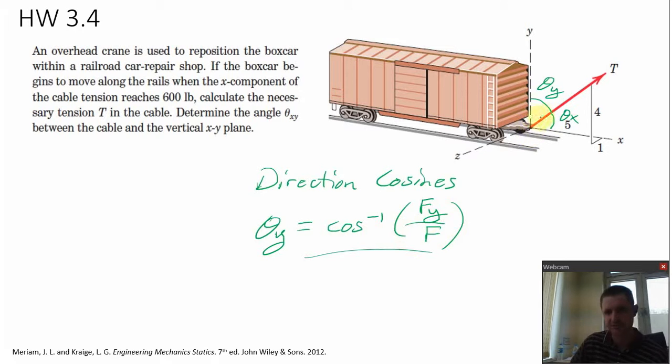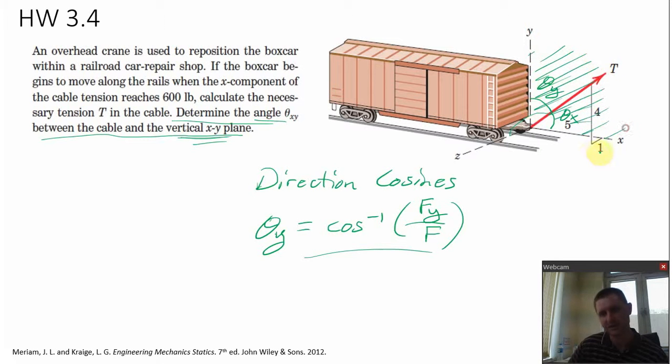But this question is a little bit different because they don't ask for the angle that the tension vector makes with any positive axis. They actually ask the angle that the tension vector makes with a plane, with this xy plane back here.